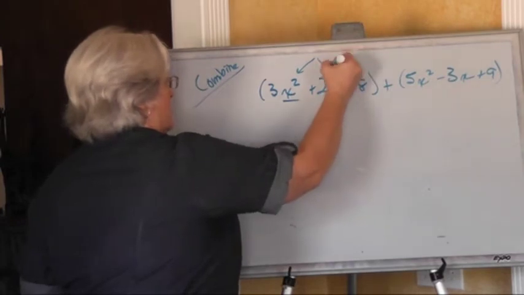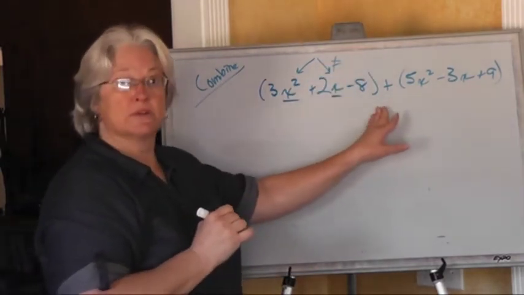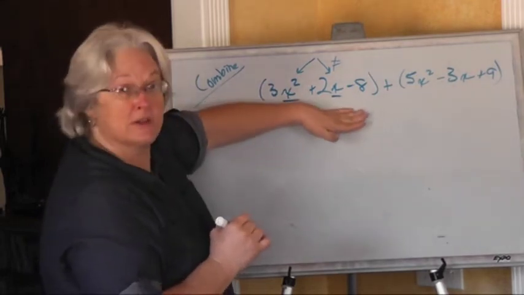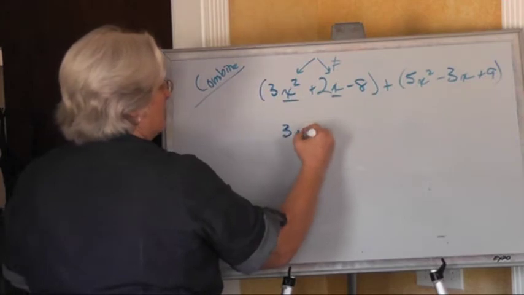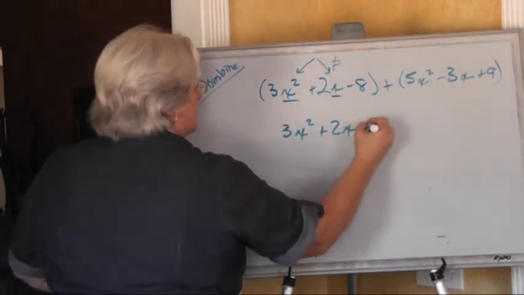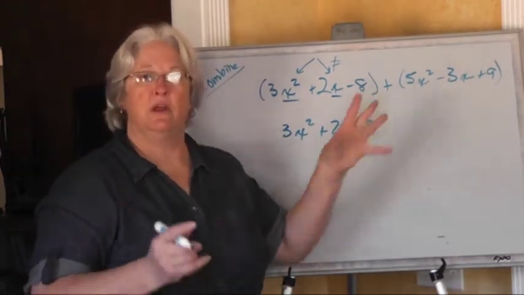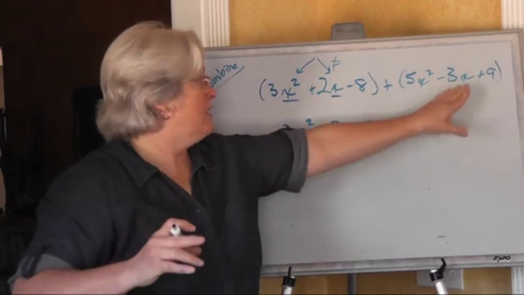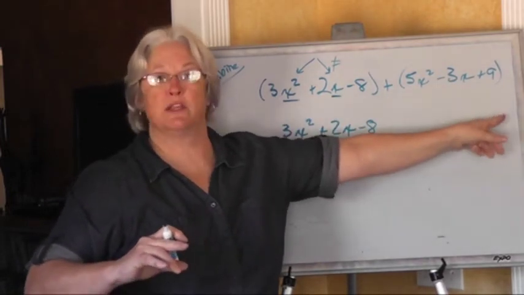So those are not the same. So there are no like terms in this first set of parentheses. So we can remove that. There's nothing that you can combine. You have 3x squared plus 2x minus 8. Now we have another collection within that we're going to add the sum of these items in the parentheses.